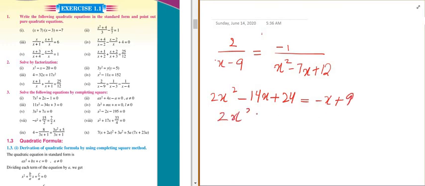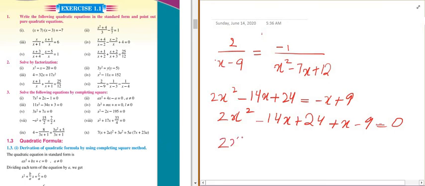Just shift some terms to the left: 2x square plus x minus 9 equals 0. This becomes 2x square minus 14x plus x, minus 13x, 24 minus 9, plus 15 equals 0.